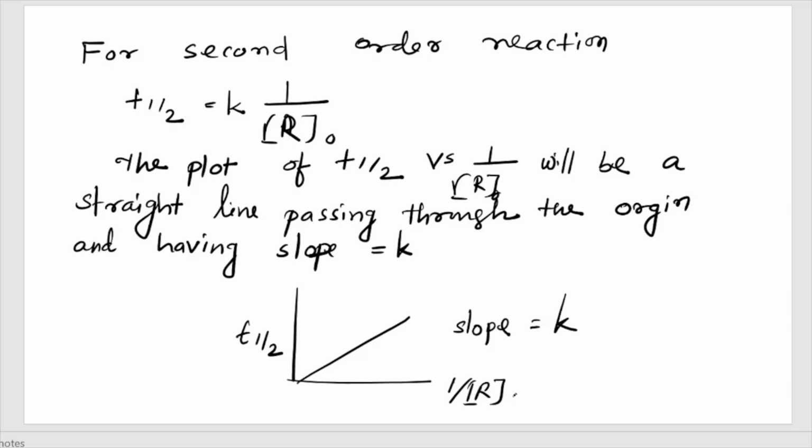If the graph is a straight line passing through the origin between T half and 1 by R0, then you are sure it is a second order reaction, with slope K. So it is clear. In second order, you draw a graph between T half and 1 by R0, the initial concentration of the reactant, and you will get a straight line.